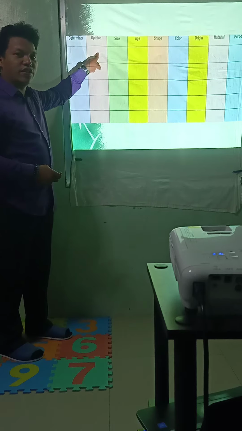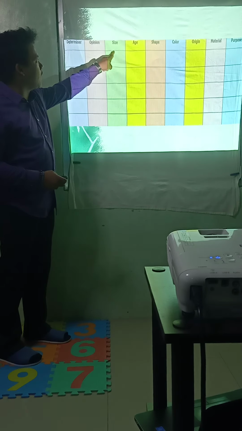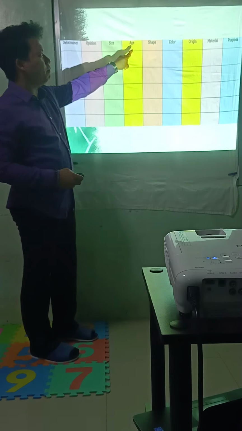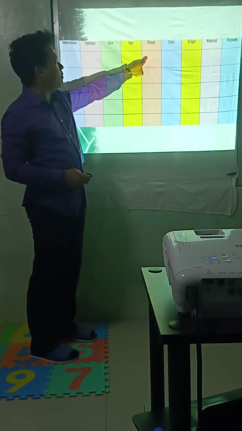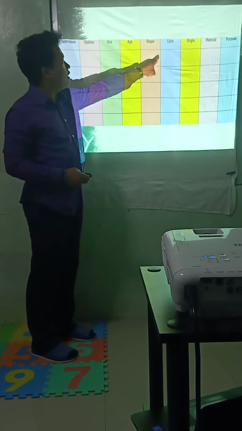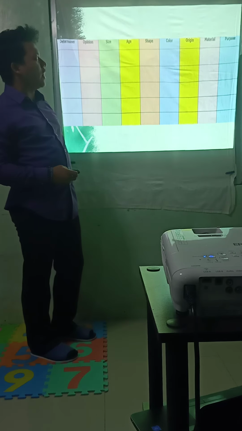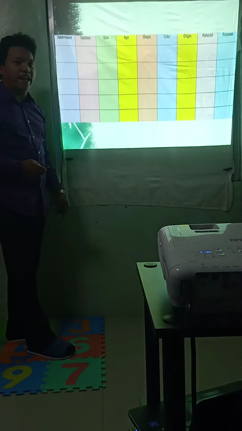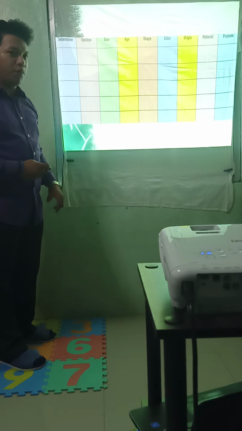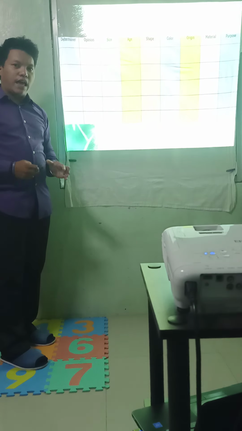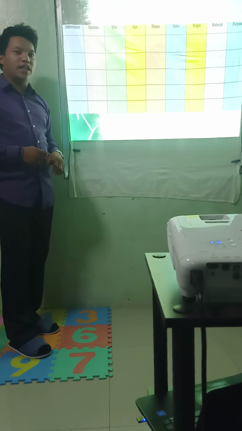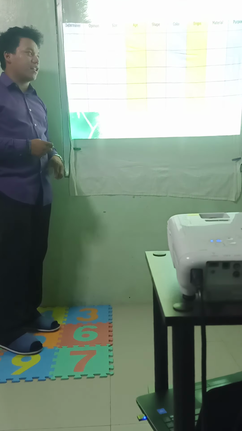Second, opinion. Third station, size. Fourth station, age. Fifth station, shape. Sixth, color. Seventh, origin. Second to the last station, material. And last station is the purpose. We are going to clarify and enlighten each one of you with regard to this particular order of adjectives.